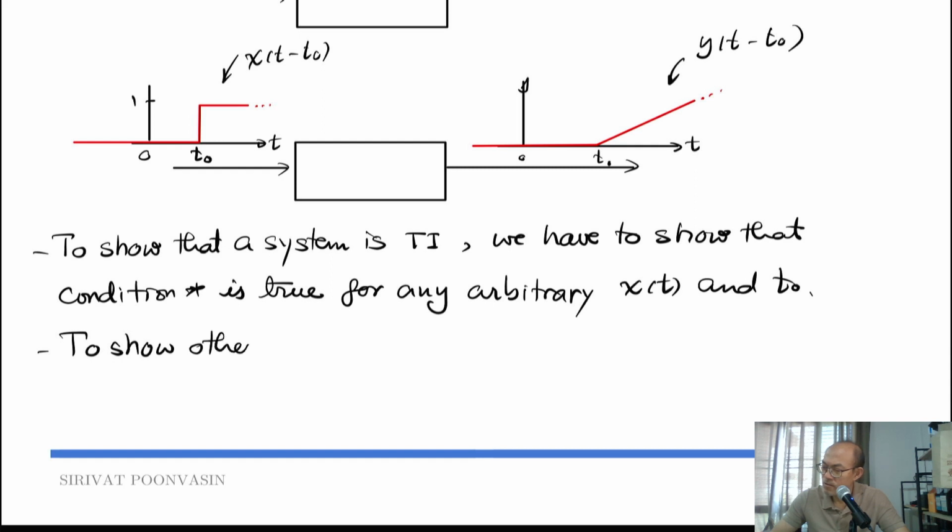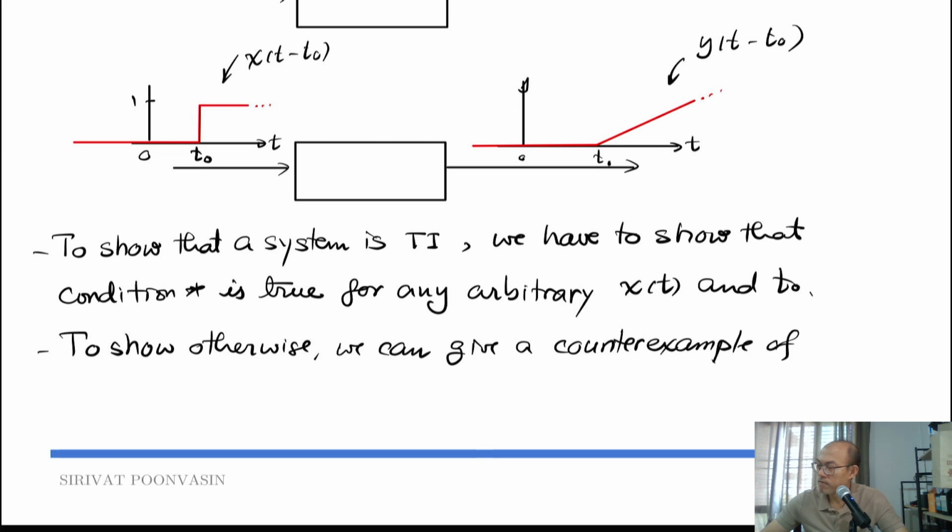But to show otherwise, we can give a counterexample of x(t) such that condition star is not true.